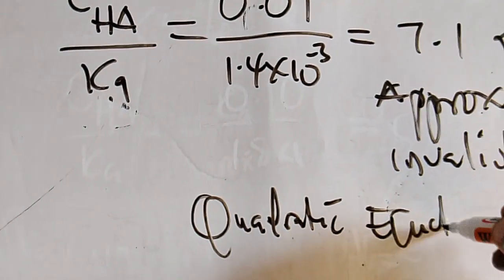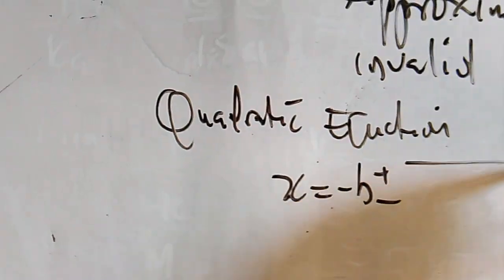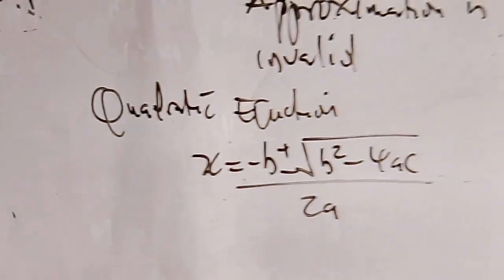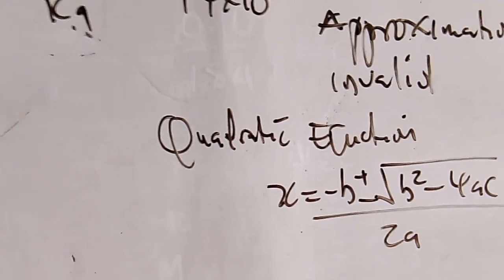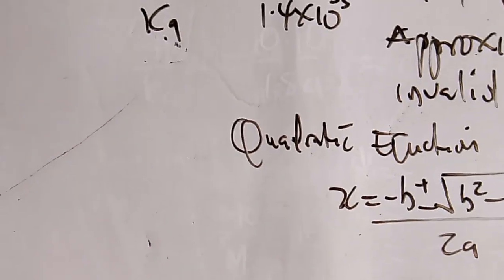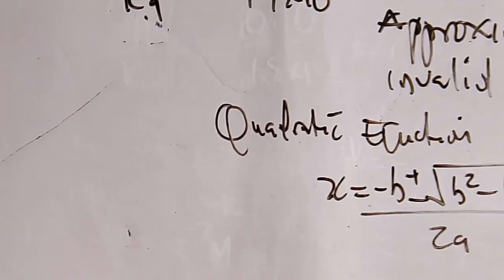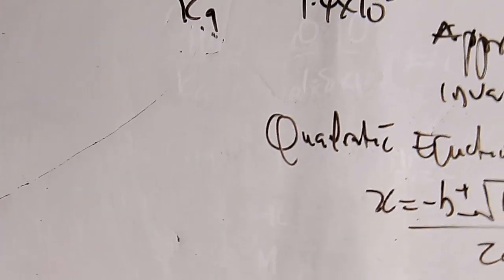The quadratic equation is x equals negative b plus or minus the square root of b squared minus 4ac, all over 2a, which you know. Since the approximation is invalid, we need to come up with an ICE table.